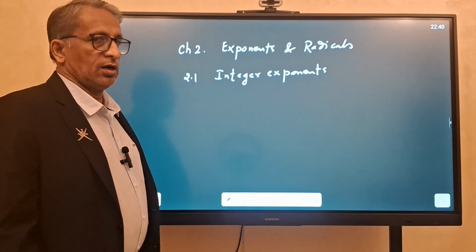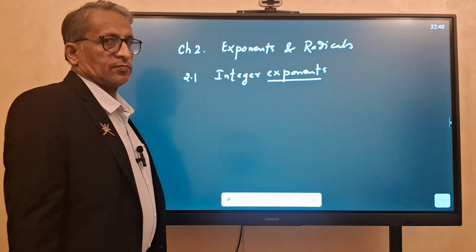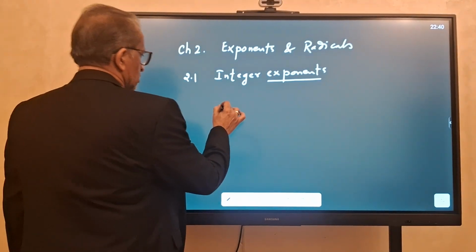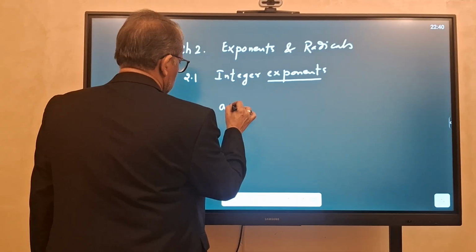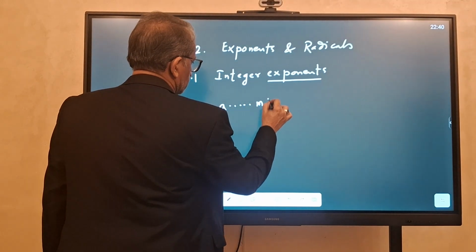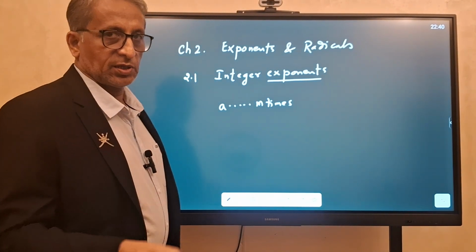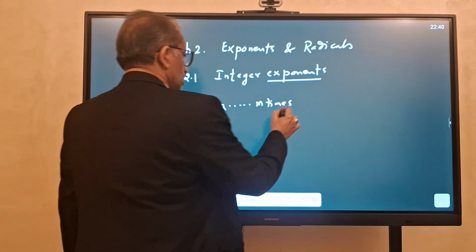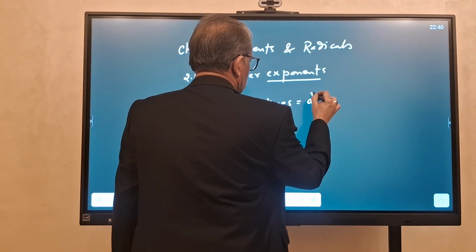First of all, let me define what exponents are. Exponents means if I multiply a number a, suppose m times, a is multiplied m times, so this I will write as a to the power m.